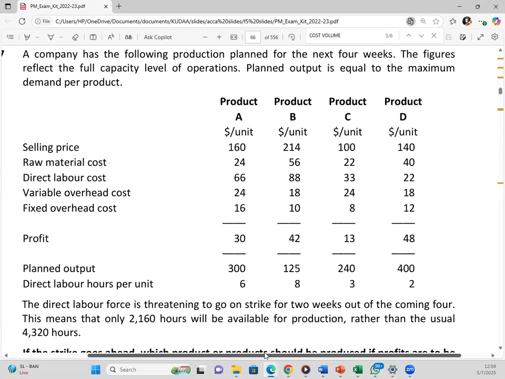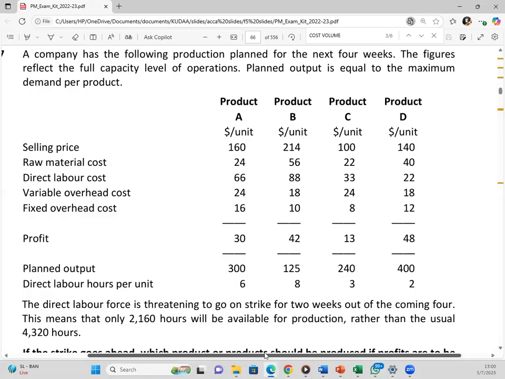This one, they've done step 1 for us. They've already determined for us which resource is a limiting factor. So they've mentioned that the labor time is going to be less than the usual.